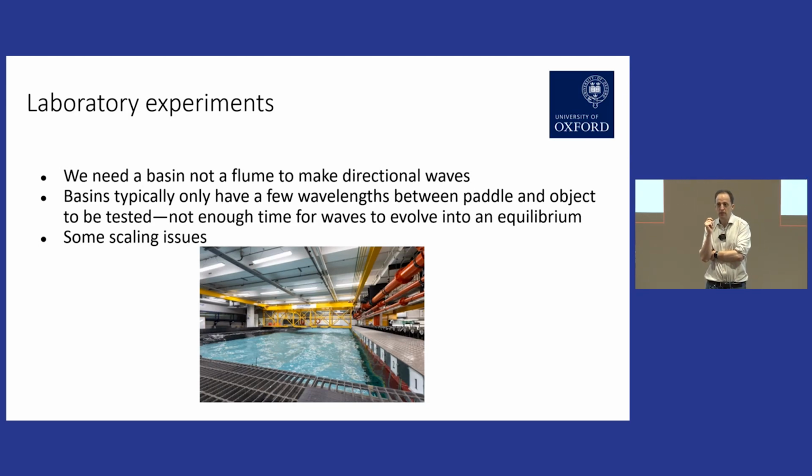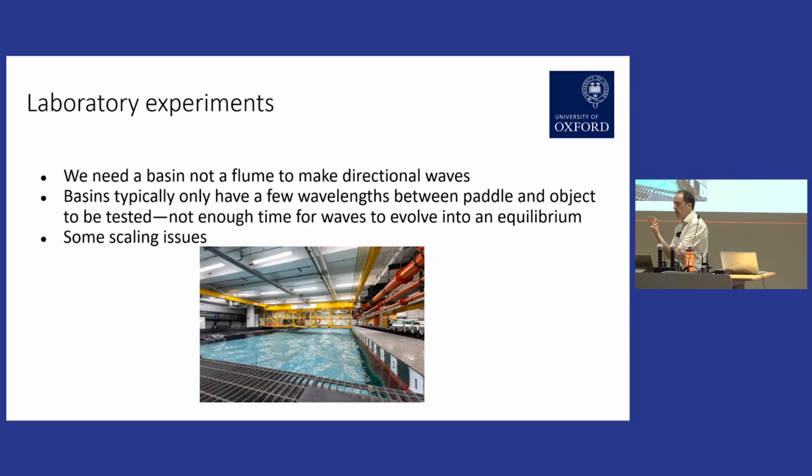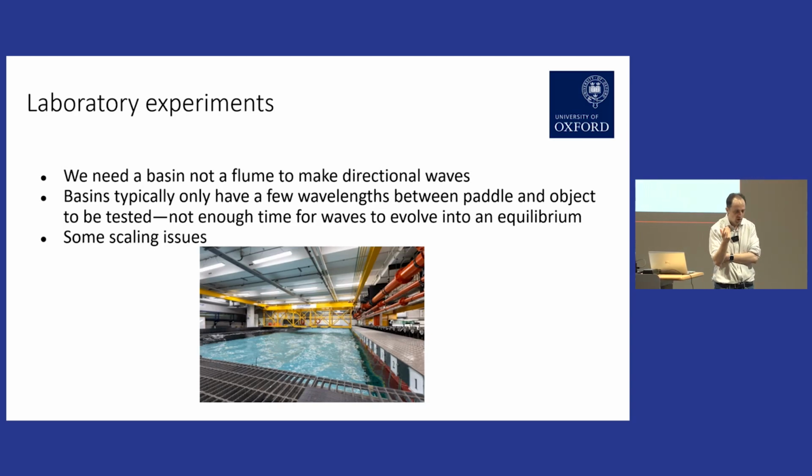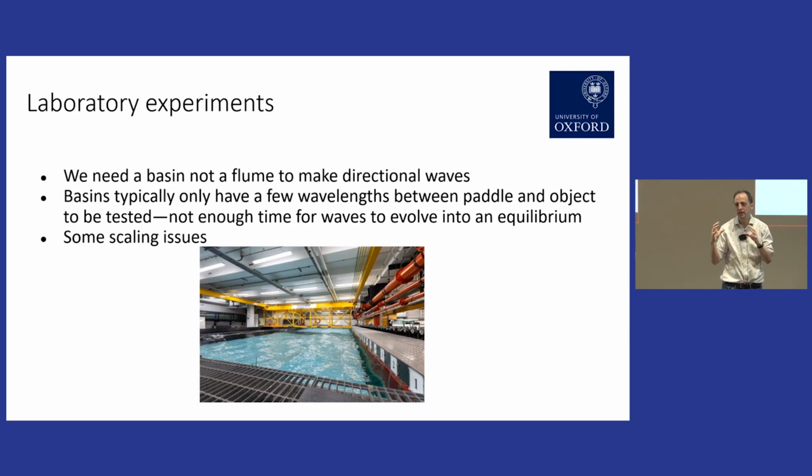And even worse is going to be trying to include currents in them. One thing I haven't spoken about in this talk is the influence of current, which is quite important on many of these things. Putting some current into a flume is okay, but putting currents into a big basin, well, I certainly recall when Shanghai Jiaotong opened their big basin 15 years ago, and they turned on currents, they took away power from 300,000 homes across Shanghai because they hadn't done the calculation properly, and you need some really, really big motors to move an awful lot of water in a basin.